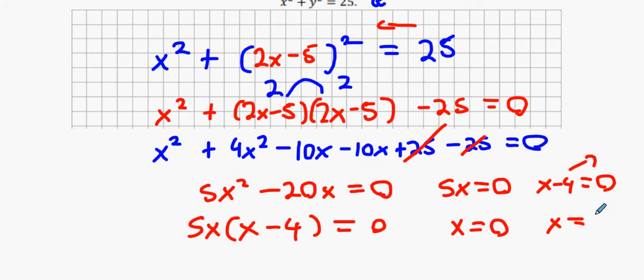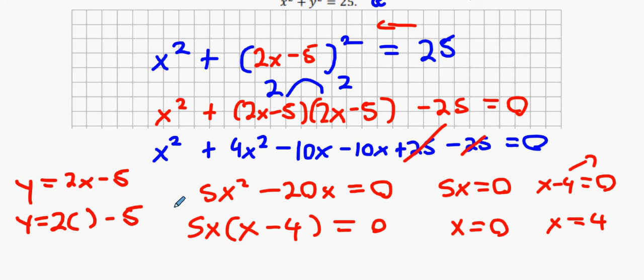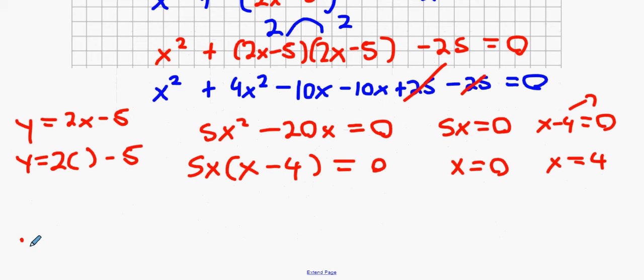Now, you're entitled to maybe 11 out of 15 marks. Why have I lost marks? Haven't got the y value. y equals 2x minus 5. y equals 2 times whatever the x value is, take away 5. So I'm going to do that twice.